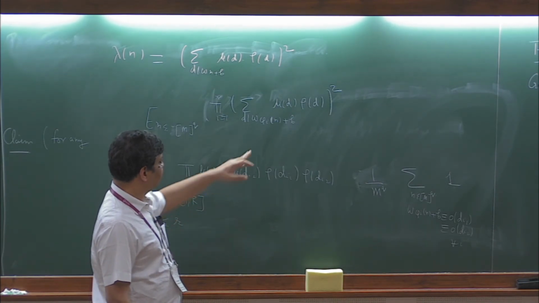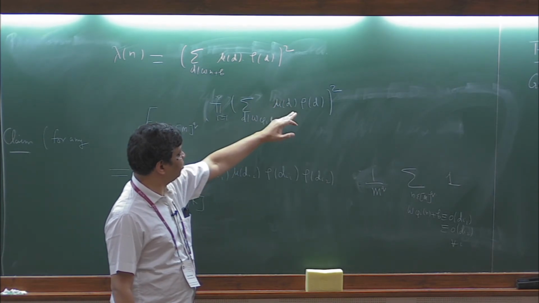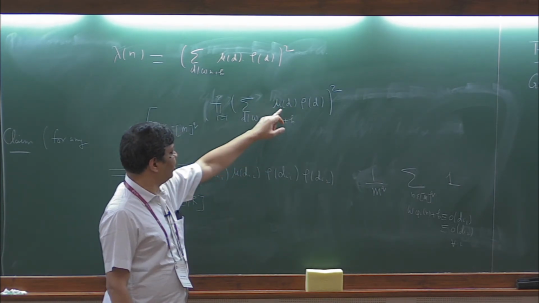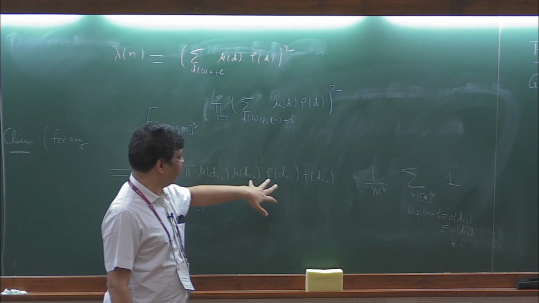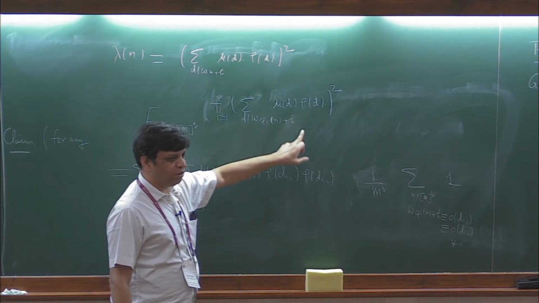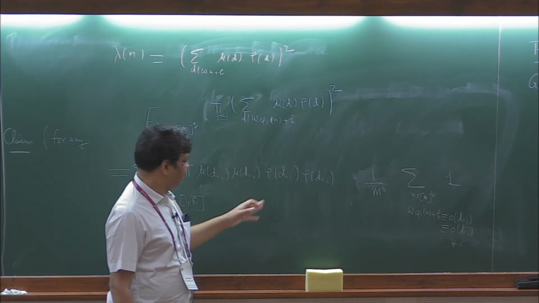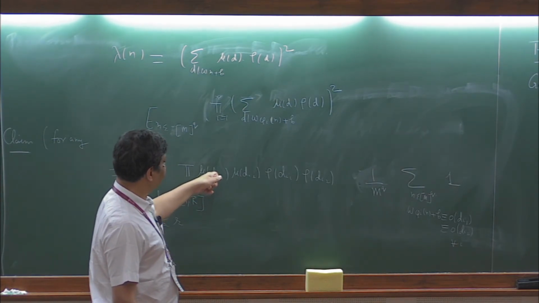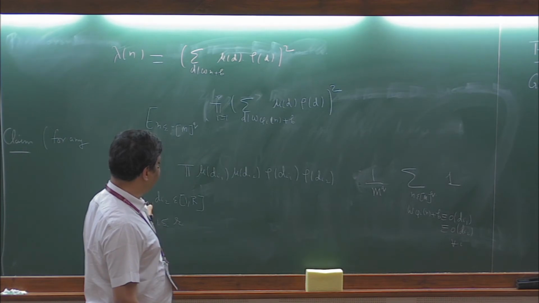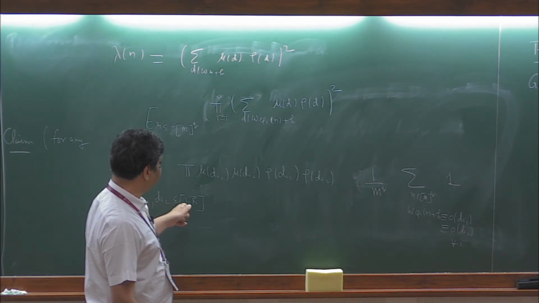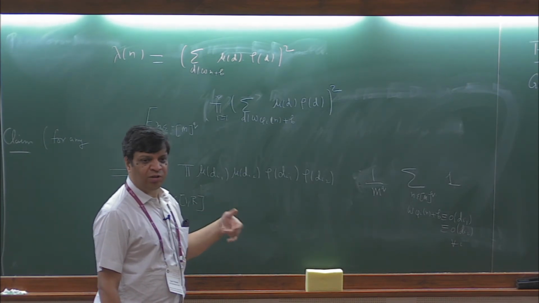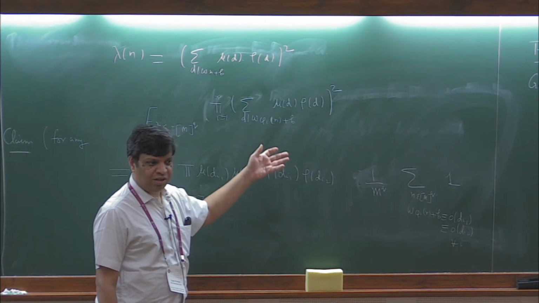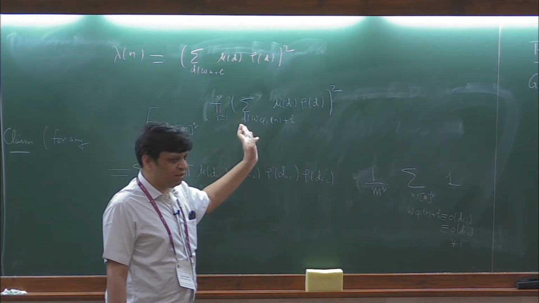When you do the square, there will be mu d1, mu d2 coming from them, and rho d1, rho d2 coming from them. I need to consider only d1, d2 belonging to 1 to r, because outside the support of rho I don't have to worry about this d.